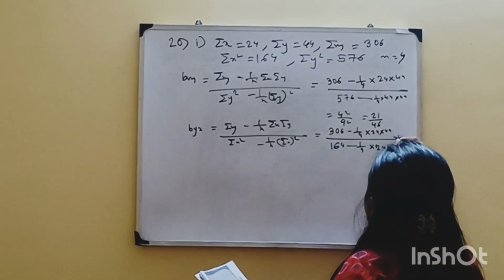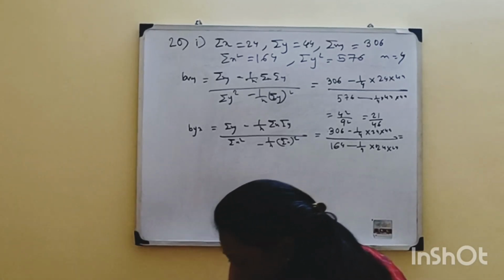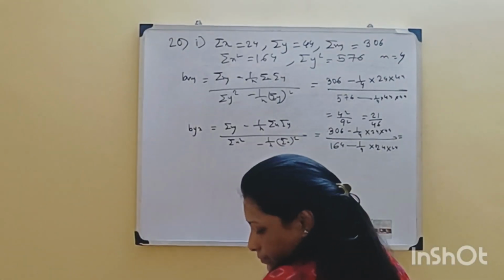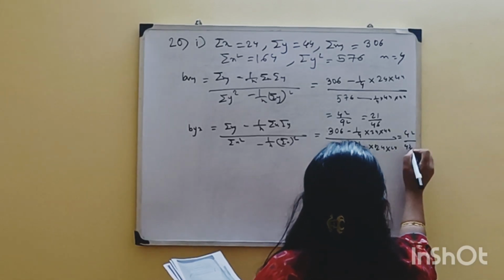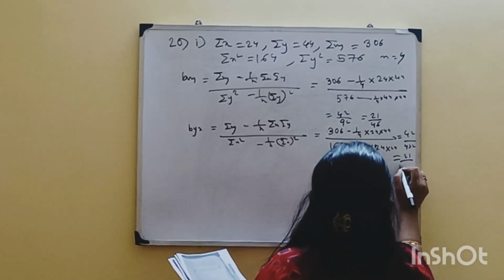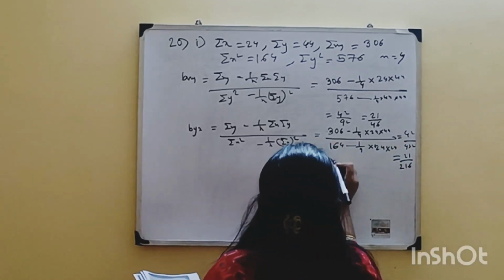What will be the result? The result comes 42 by 432, so it should be 21 by 216. Okay.